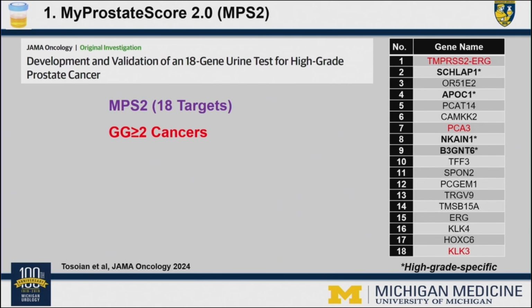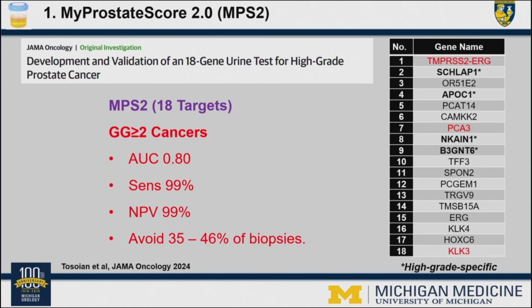But this time it includes an additional 15 different targets, and the focus is to improve the detection of grade group 2 prostate cancer or higher. This test has a negative predictive value of 99%, and with a threshold of more than 10, you can avoid about 35 to 46% of prostate biopsies.